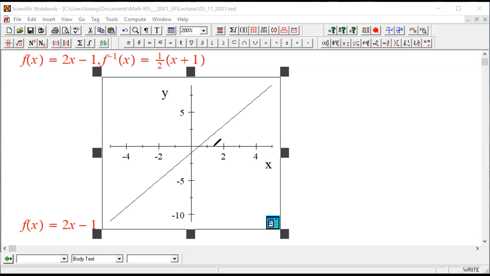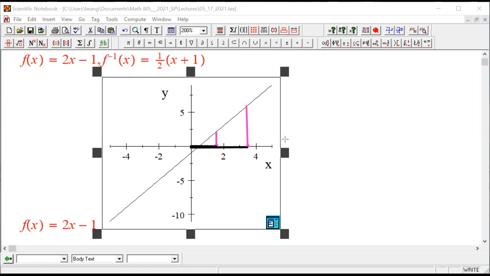For different inputs, there's an input here, and there's another input here. The inputs are different, and their outputs are also different. The heights are the outputs, and this is one input, and this is the other input. So for different inputs, there are different outputs.